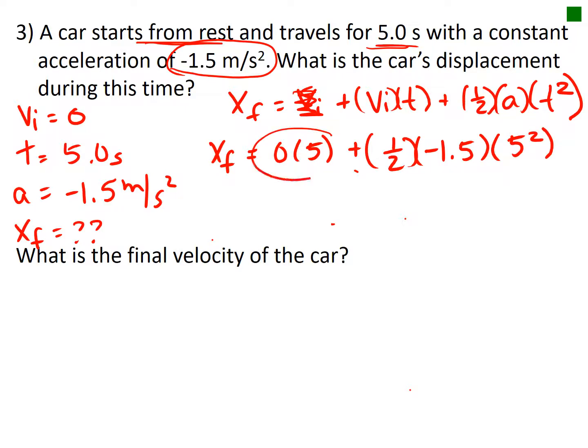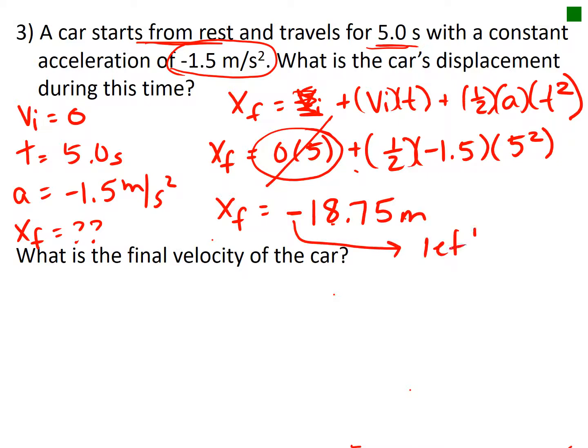This term right here goes away because we have 0 times something, so that's not going to help us. So XF equals 5 squared is 25 times 1.5 divided by 2. It's going to give us negative 18.75 meters. So this negative just means that it's to the left of the origin. Or another way to say it would be west.